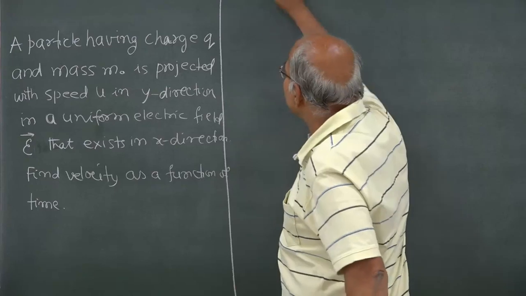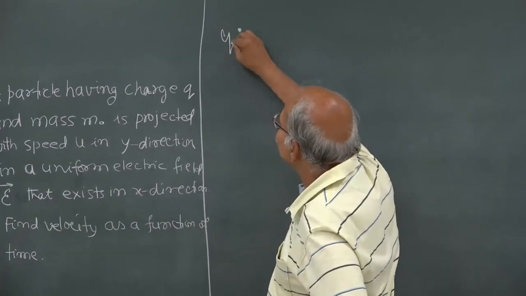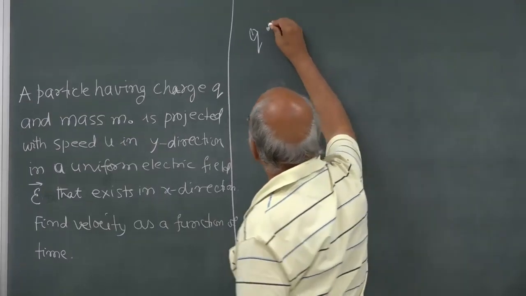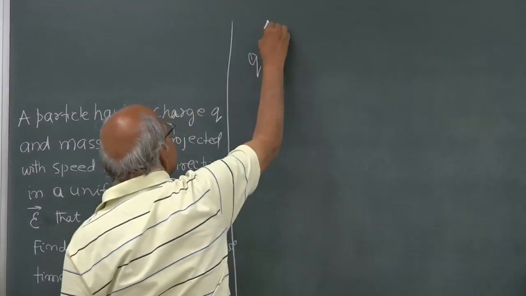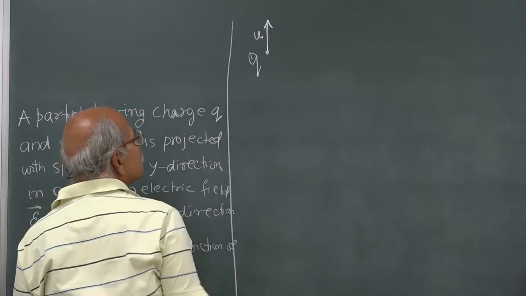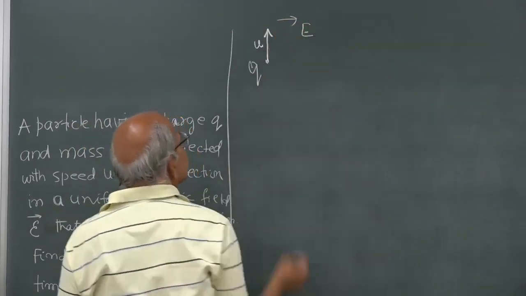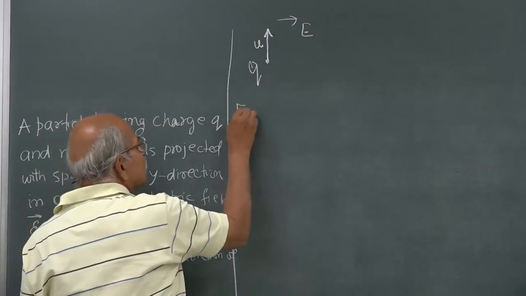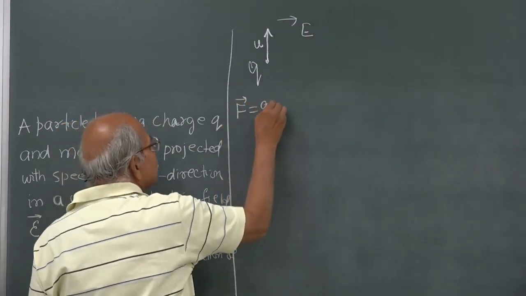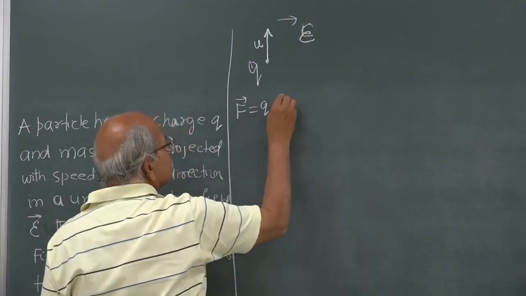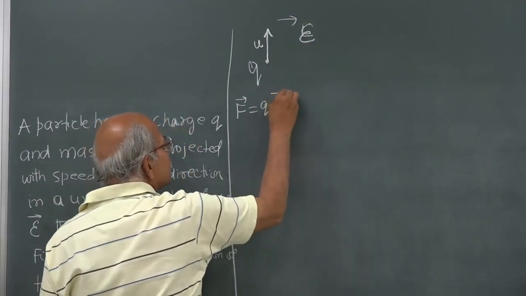So, you have a particle, charge q, which is projected in y direction. So, the initial velocity is this, and in this whole region you have an electric field E. So, force on the particle is q times E. I have written this E, and there is a reason behind this.